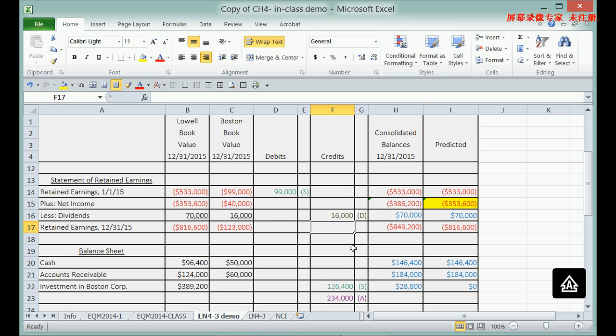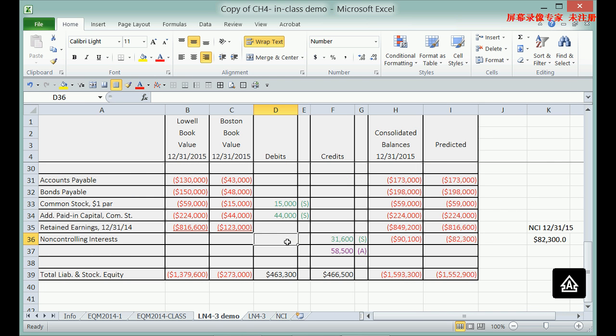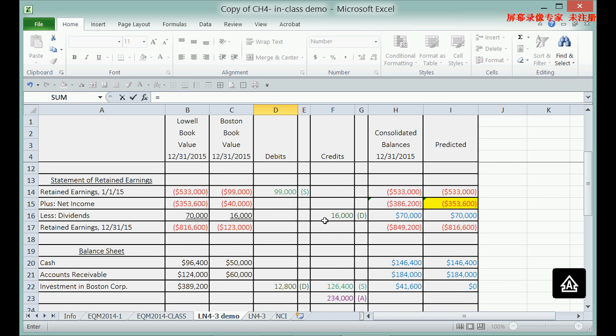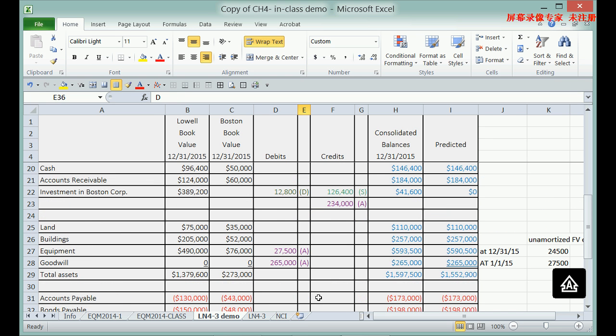This is also splitting between CI and NCI, so CI got this, and NCI got this number, 20%. That's the D.